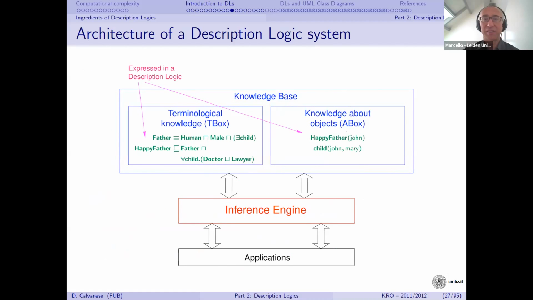So here is how things work. This is what is called the knowledge base. You have the terminological box and the A box, and then on top of this knowledge base you can do some inference.